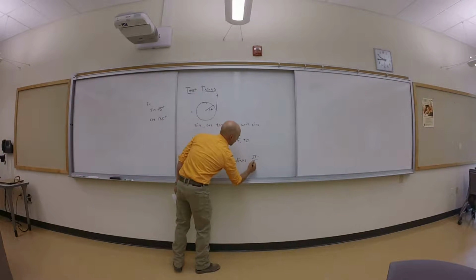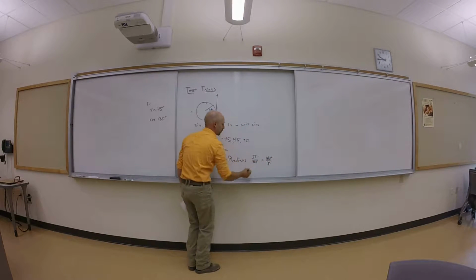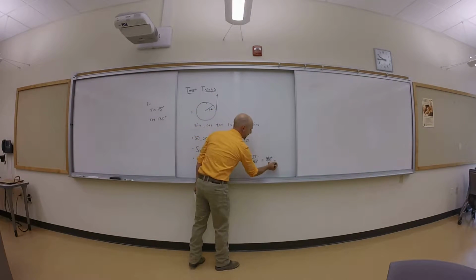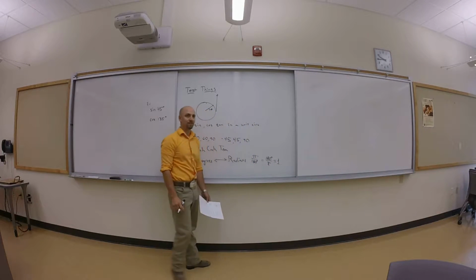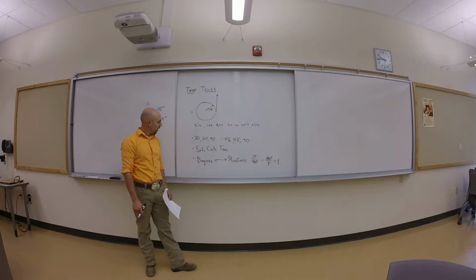Pi over 180 degrees or 180 degrees over pi. And hilariously, these are the same thing. Why are those the same thing? Yeah, because those are both one, right? They're really both the idea of halfway around the circle. Let's go with that.